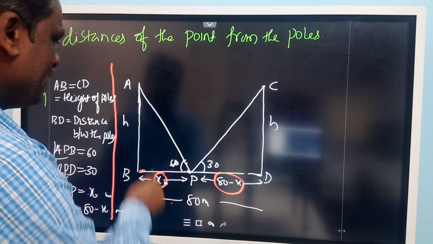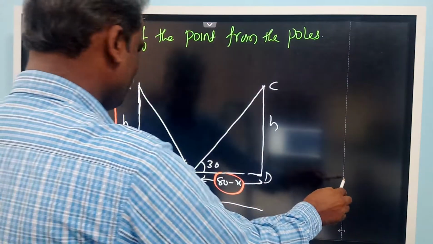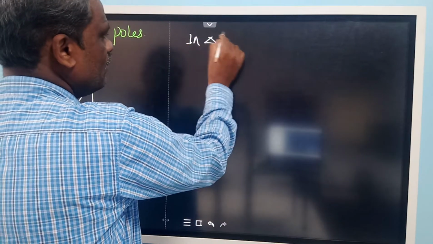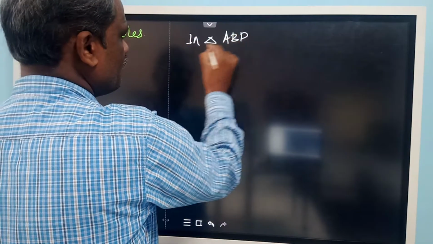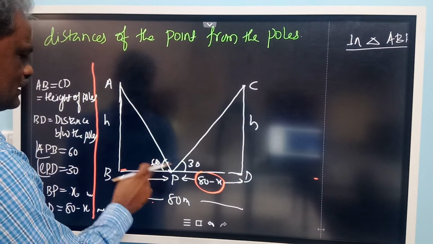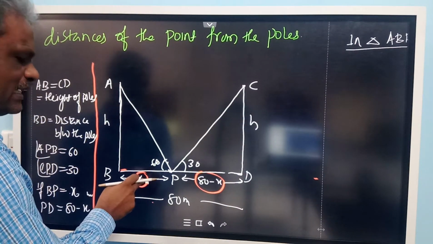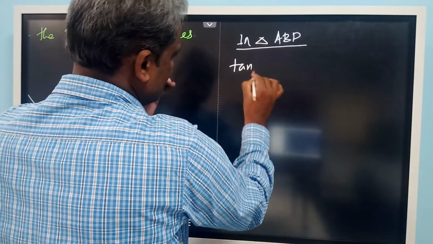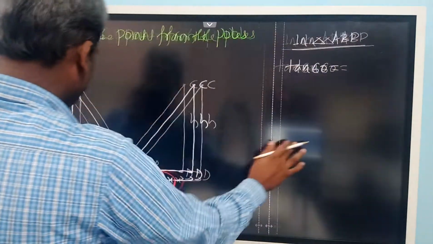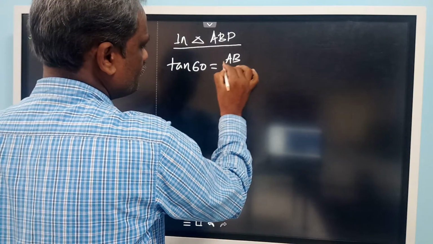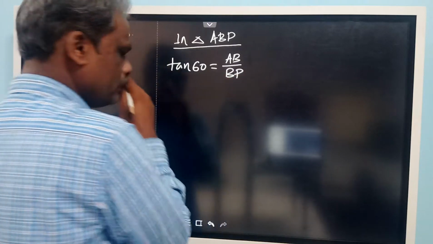Now apply the trigonometric ratio here in triangle ABP. Tan is opposite side by adjacent side. Tan 60 degrees is equal to opposite side AB, adjacent side BP, AB by BP. What is tan 60?